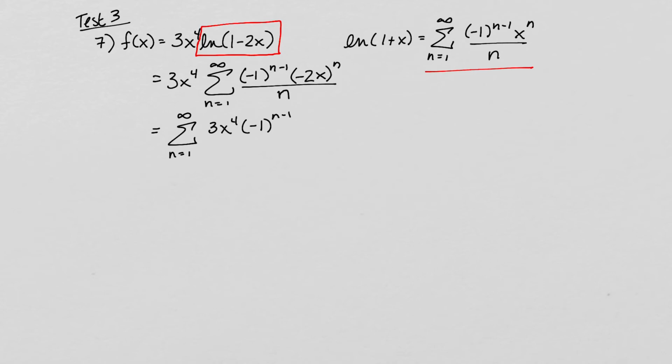We can really think of negative 2x as negative 1 times 2 times x. So this would be negative 1 to the n, 2 to the n, x to the n, all over n. Does that make sense?